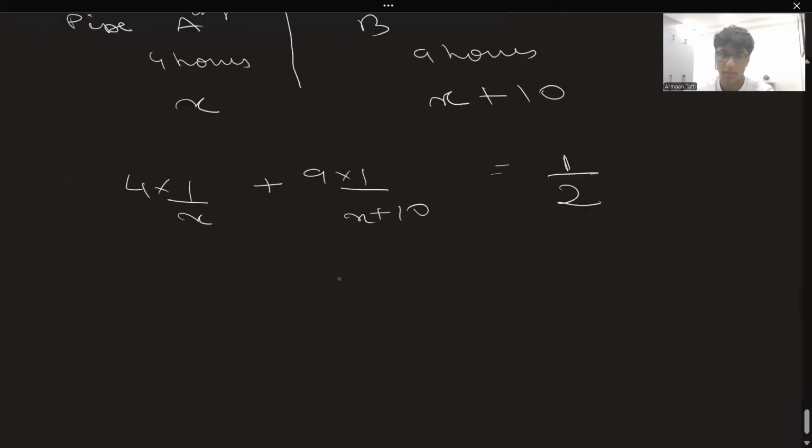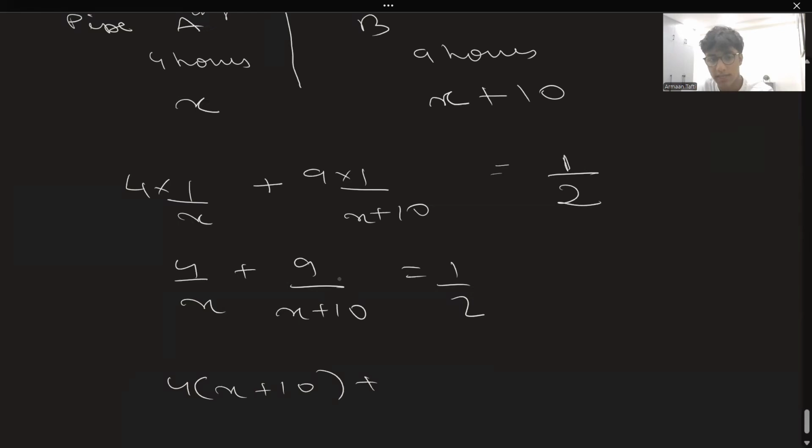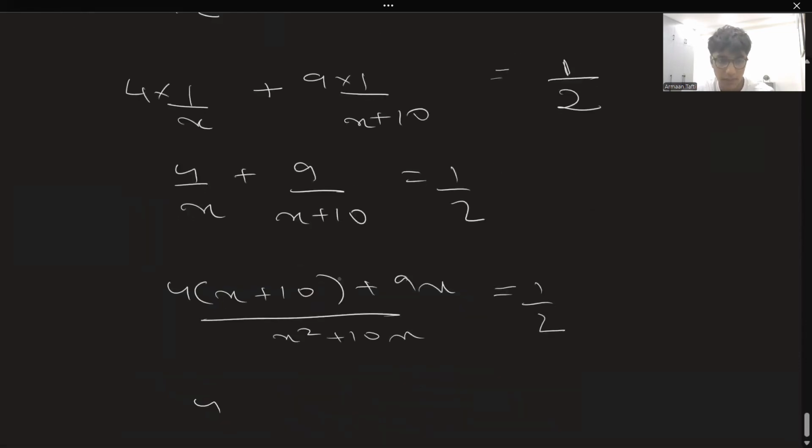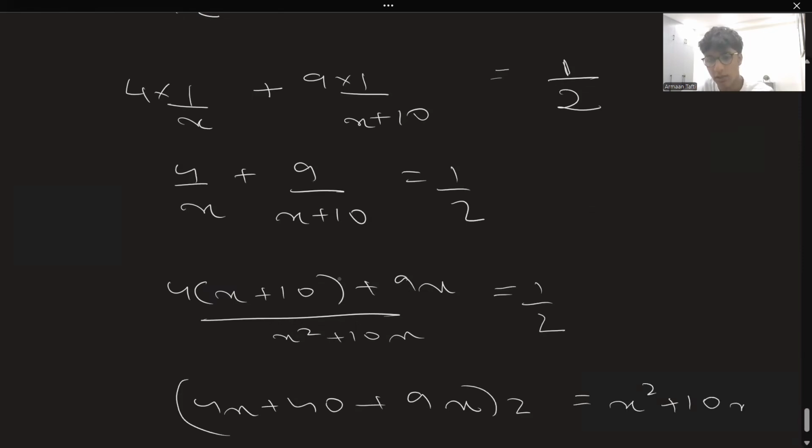So now let's solve this. So we have 4 by x plus 9 over x plus 10 equals 1/2. Now let's solve that. So it's 4 times x plus 10 plus 9 times x by x squared plus 10x equals 1/2. Now transpose it, simplify it, you get 4x plus 40 plus 9x times 2 is equal to x squared plus 10x.